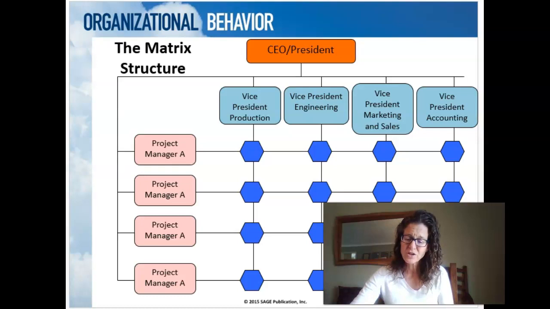Some of the challenges of this structure is that people working on different teams, for example, Team A, right here, these 4 hexagons, the individuals working on these teams represent product A or region A, and then production, engineering, marketing and sales, accounting, and maybe other functions as well, need to work together. And we've already discussed how diversity can contribute to higher conflict.